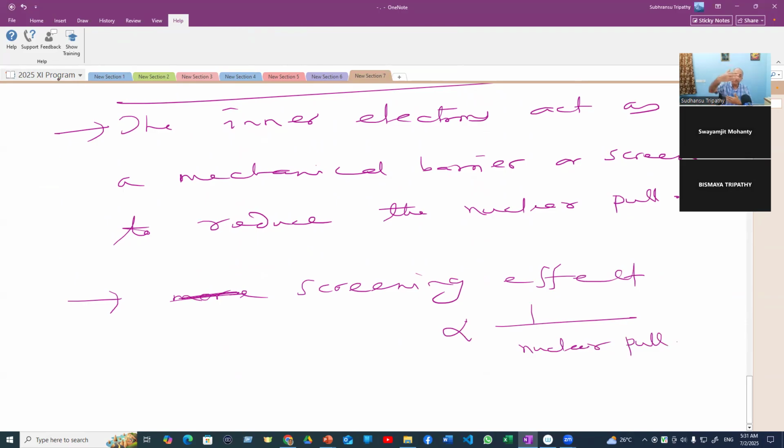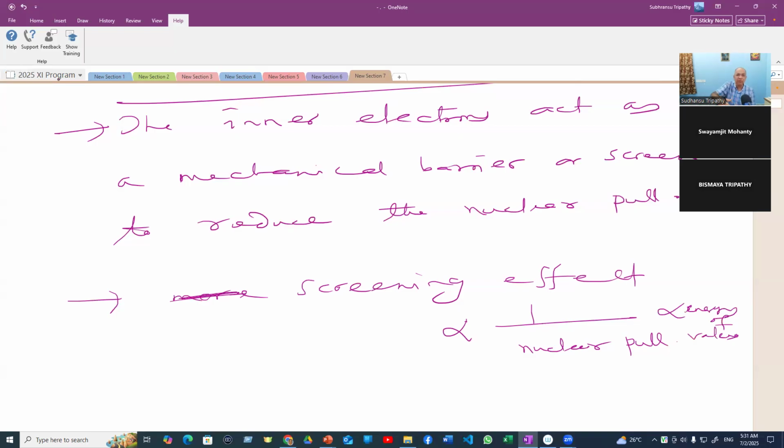More the screening effect, then less the nuclear pull, and less the nuclear pull, more is its energy. So it is directly proportional to the energy of the valence electron, which is suffering from the screening effect.